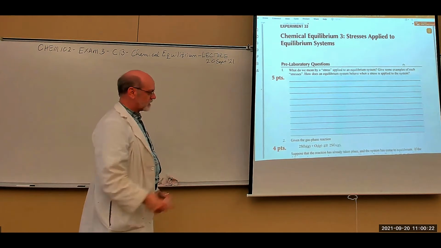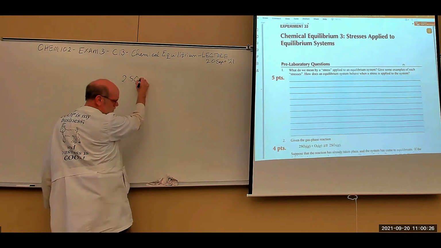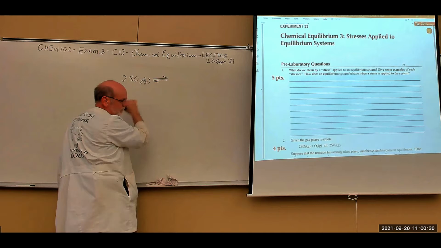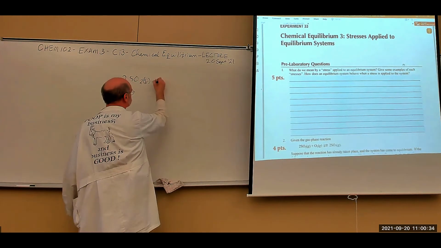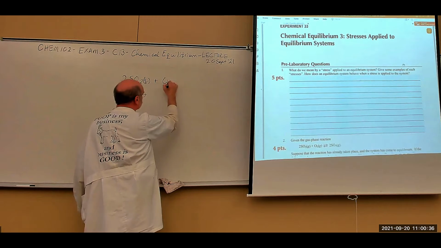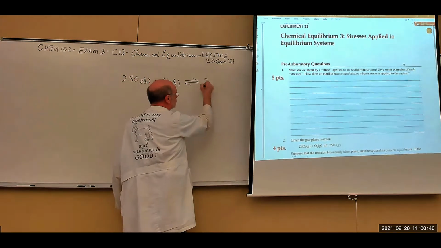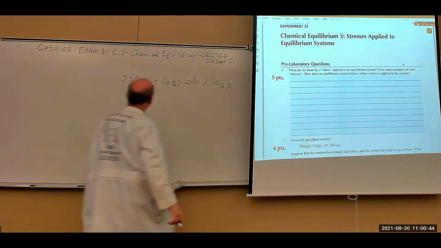Then there's no mistake. All right, so if this is our equation, 2 SO2, and that's a gas, plus oxygen, and we're going to make 2 SO3s. Yes.